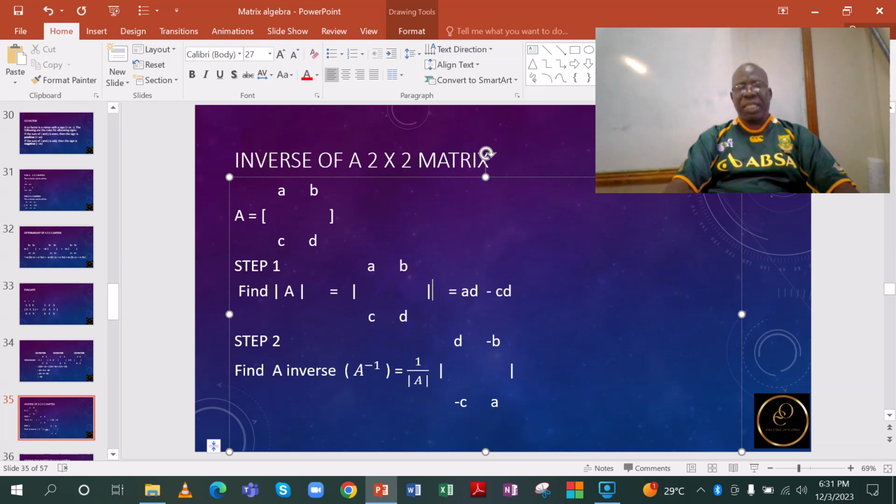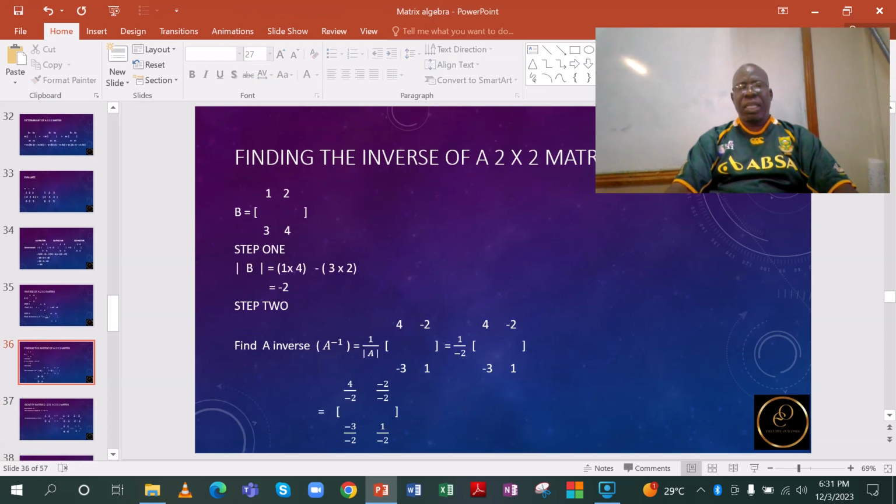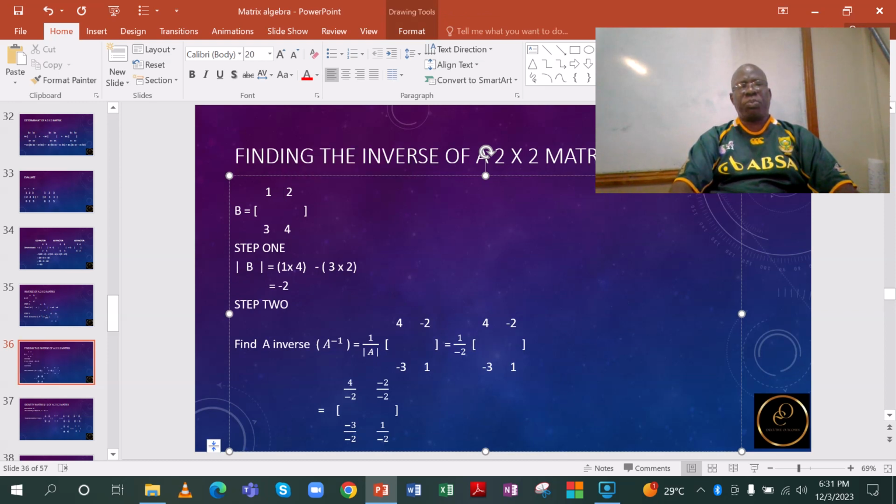So let's look at how this is done. Let's find the inverse of a 2 by 2 matrix, which is given by elements 1, 2, 3, 4.